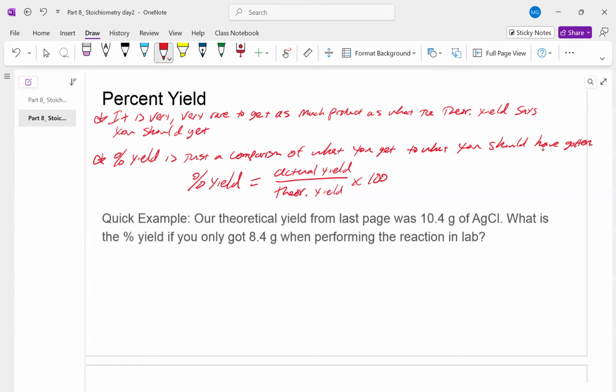And the actual yield, this is something you get in the lab if you're actually doing the experiment. Or if you're reading a story problem, doing your homework, this is something the problem generally gives to you.